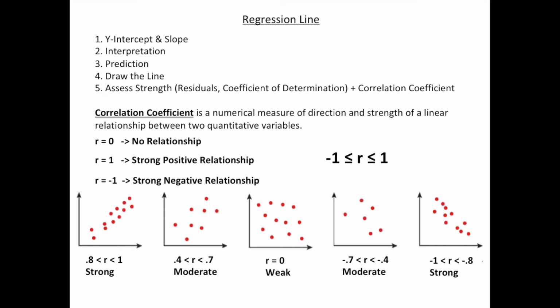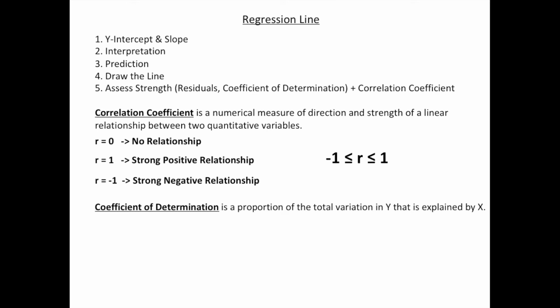Now, the correlation coefficient is related to the coefficient of determination. The coefficient of determination is just the proportion of the total variation in y that is explained by x, and it's actually just r squared. If you have an r squared equal to 0, this tells you you have a weak relationship. And if you have an r squared equal to 1, you have a strong relationship.